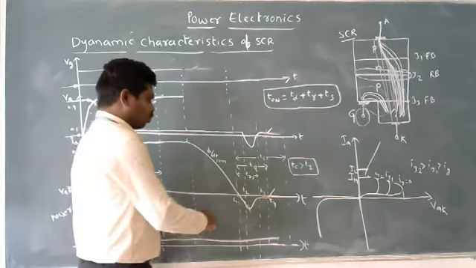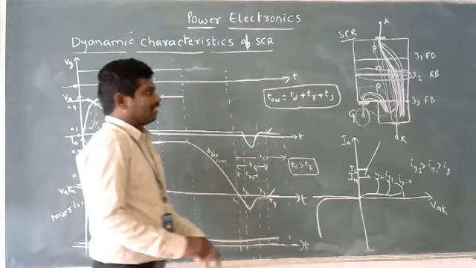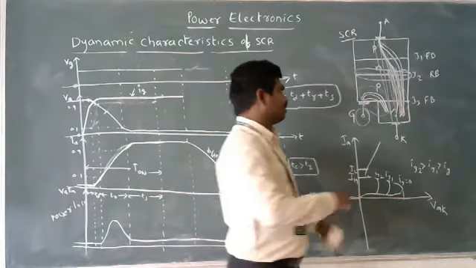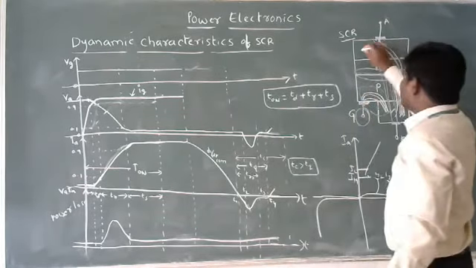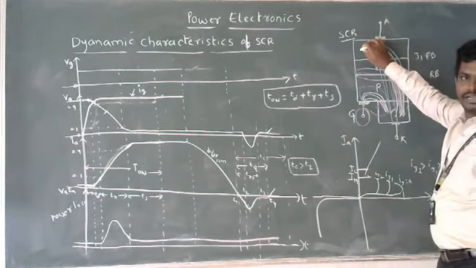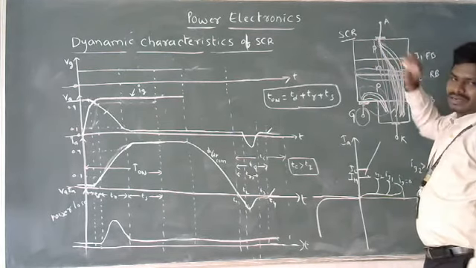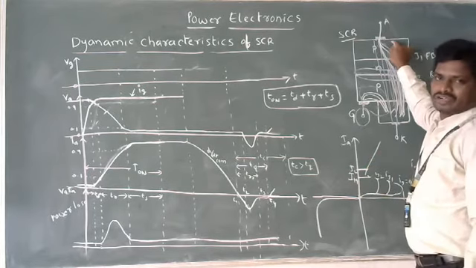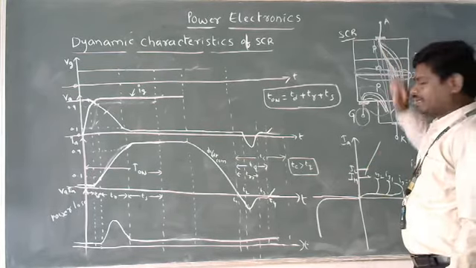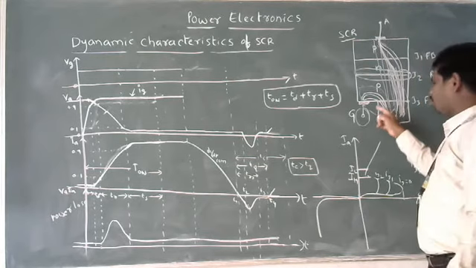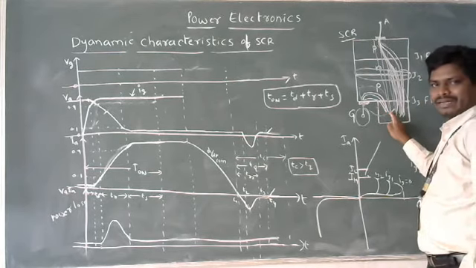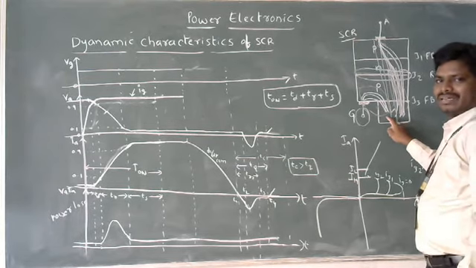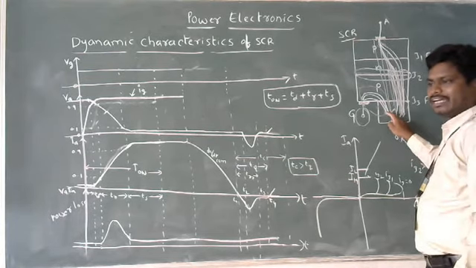Why is it happening? Some charge carriers are there. The topmost layer is P-type material, and holes are the charge carriers in P-type material. The bottom layer is N-type material, and electrons are the charge carriers in N-type material.